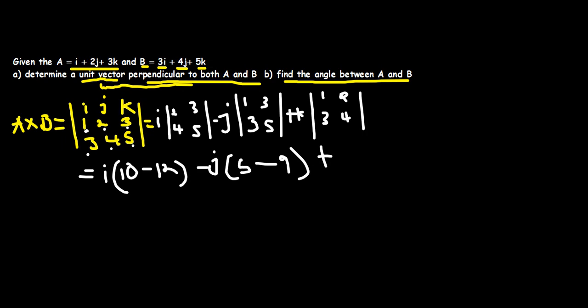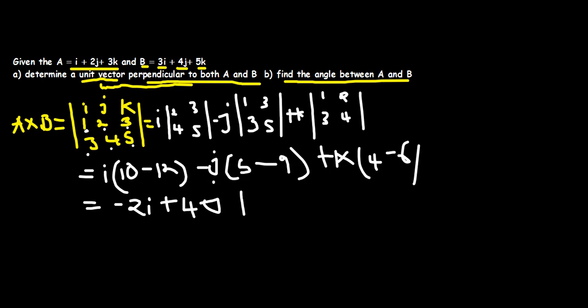Then plus k: 1 multiplied by 4, that is 4, minus 3 multiplied by 2, which is 6. From there we can subtract. 10 minus 12 gives minus 2i. Then 5 minus 9 is minus 4, and minus 4 multiplied by minus j gives plus 4j.